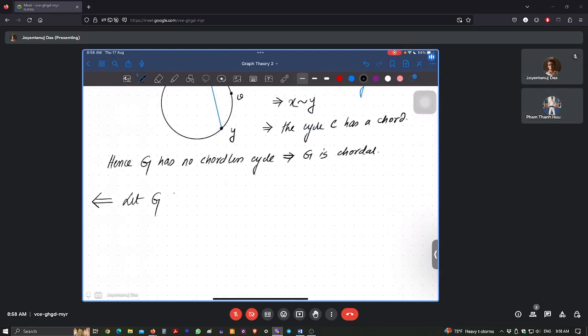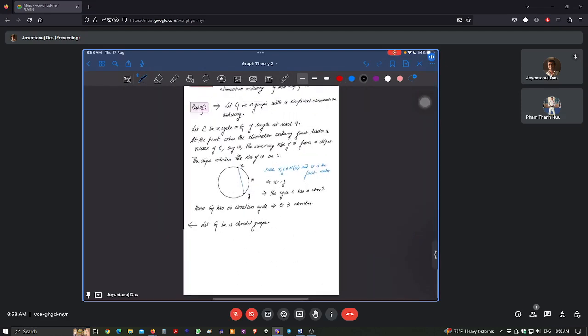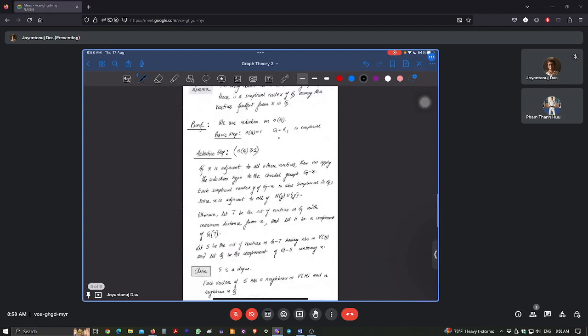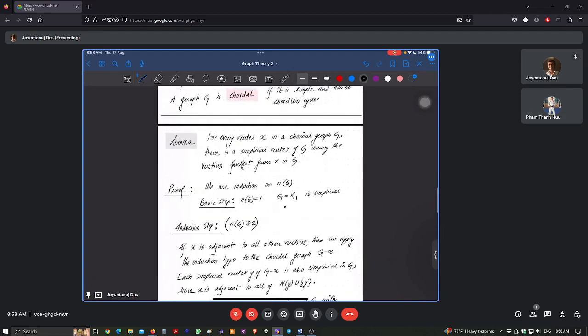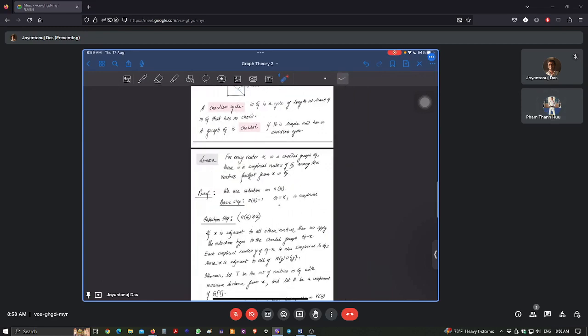So let G be a chordal graph. Now we'll use the help of the previous lemma. The previous lemma we proved says that for every vertex x in a chordal graph, there is a simplicial vertex among the furthest vertices from x. So we'll use this property.